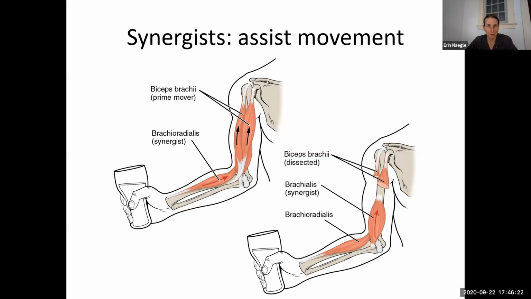I can also have synergists. So synergists can assist the movement. They can also help stabilize things, in which case they're called fixators. In the case of your elbow flexion, you have something called the brachialis. Anyway, when you're holding a cup, you might see that thing pop up.